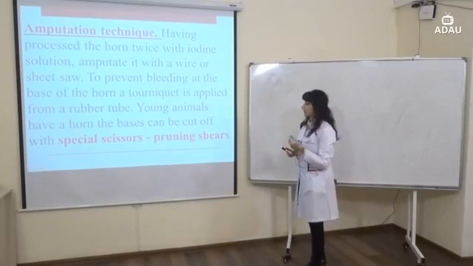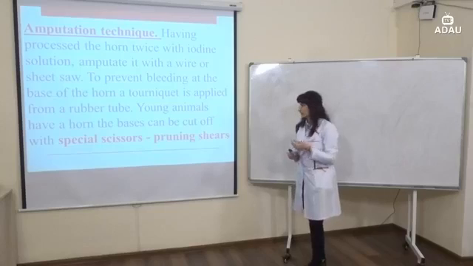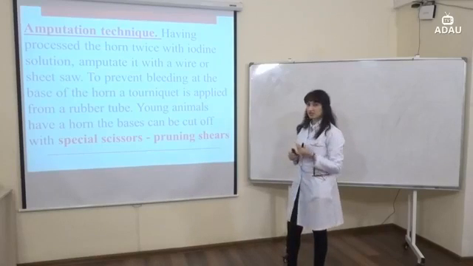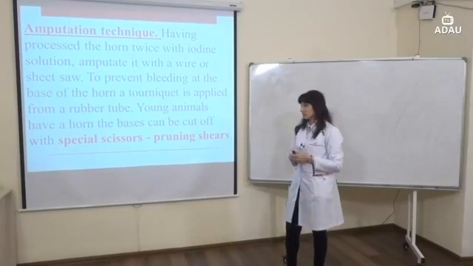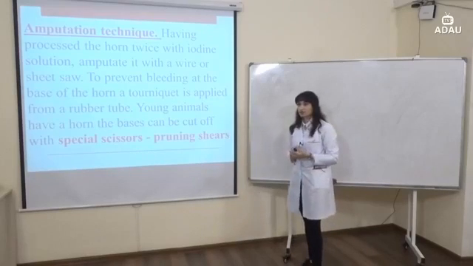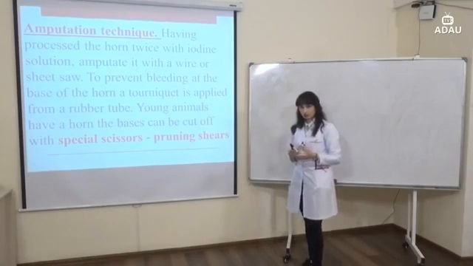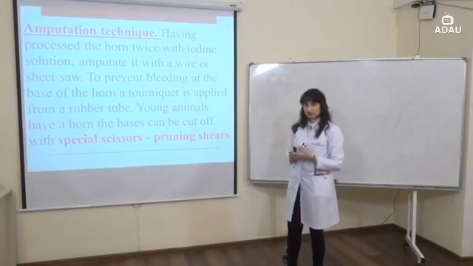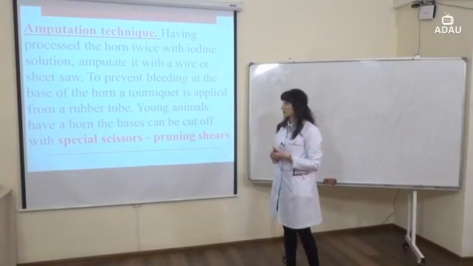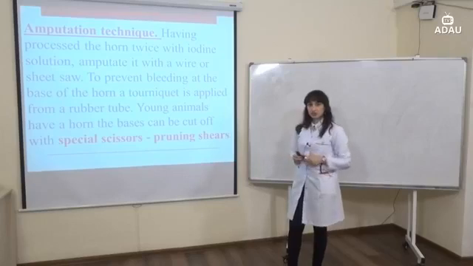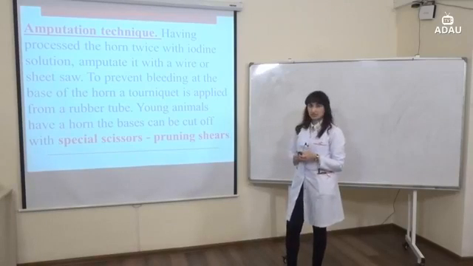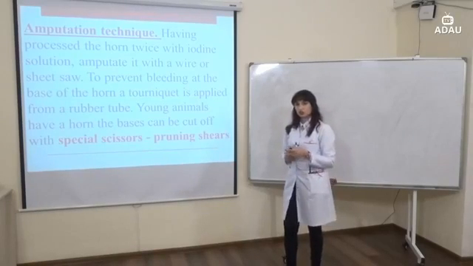In young animals with a horn, the base can be cut off with special scissors, pruning shears, but sometimes we use the sheet saw because this instrument is very good and easy to use during operation. We can use special scissors during operation on young animals.